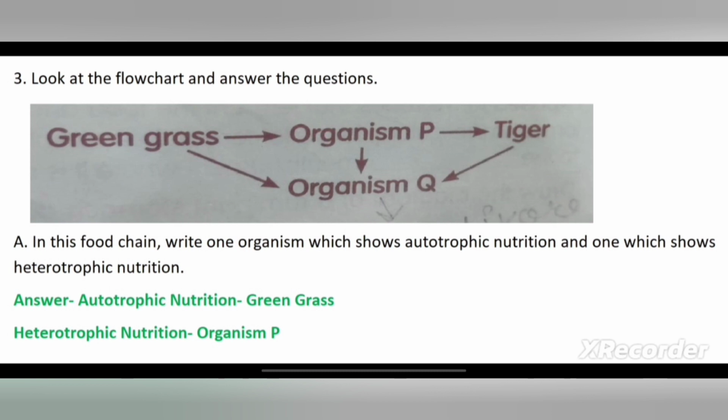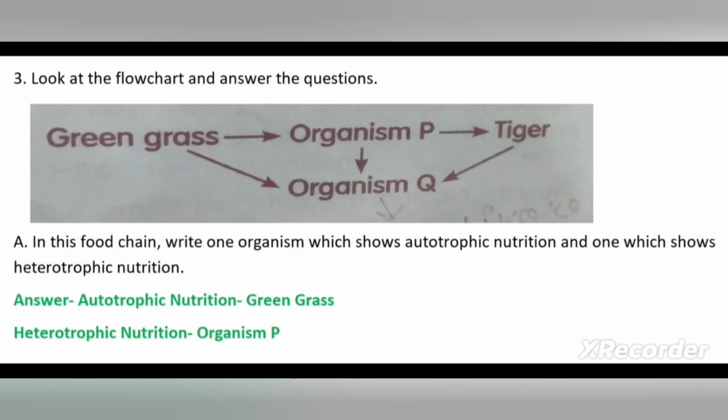It is like green grass is eaten by organism P and organism P is eaten by tiger. But organism Q can eat green grass, organism P also, and tiger also. So this is what the flowchart wants to explain to you. Now let's move to the questions.